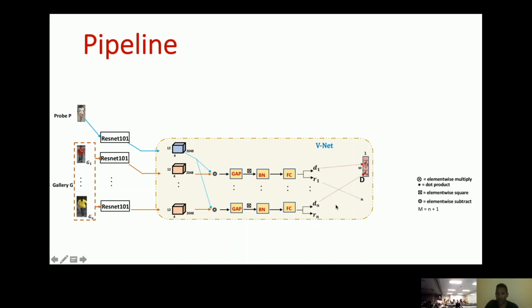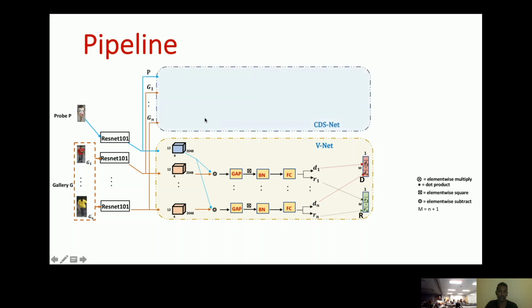We finally collect these similarity and dissimilarity scores to find the similarity vector and the dissimilarity vector, where the similarity vector contains the similarity between the probe image or the query image and the gallery image, and the dissimilarity vector contains the dissimilarity between the query image and the gallery image.